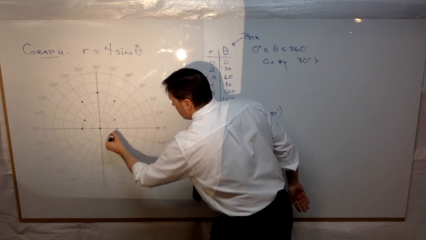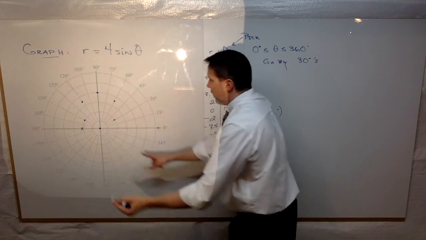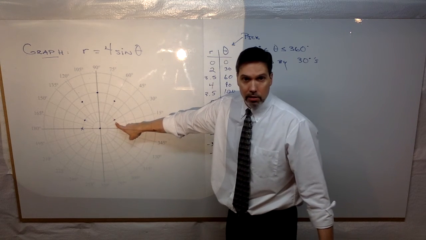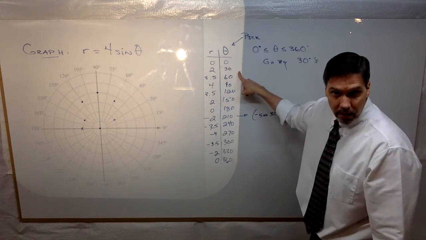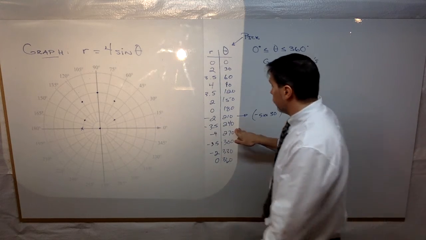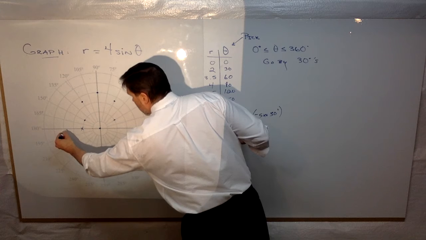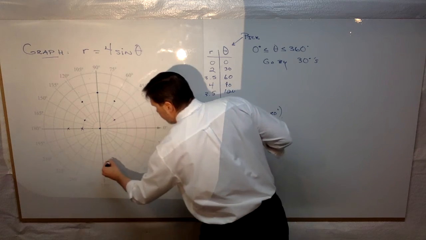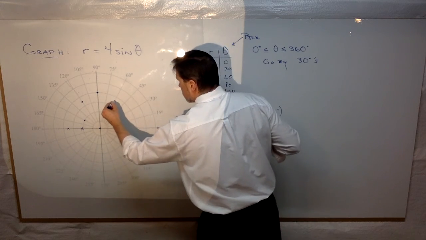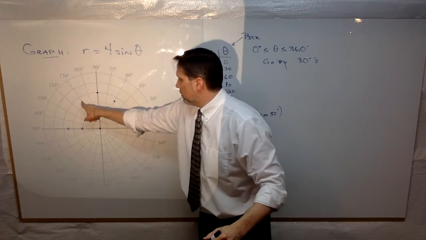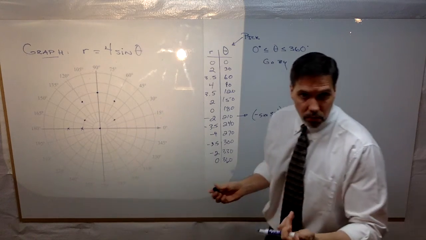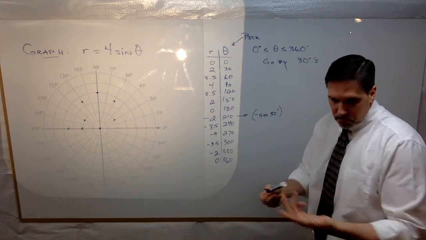Well, there's 180 and 30 more. I just plotted over that point that I originally plotted at 2, 30. If you plot -3.5, 240, which has a reference of 60, you're just going to be plotting over those same points once again, which is pointless.